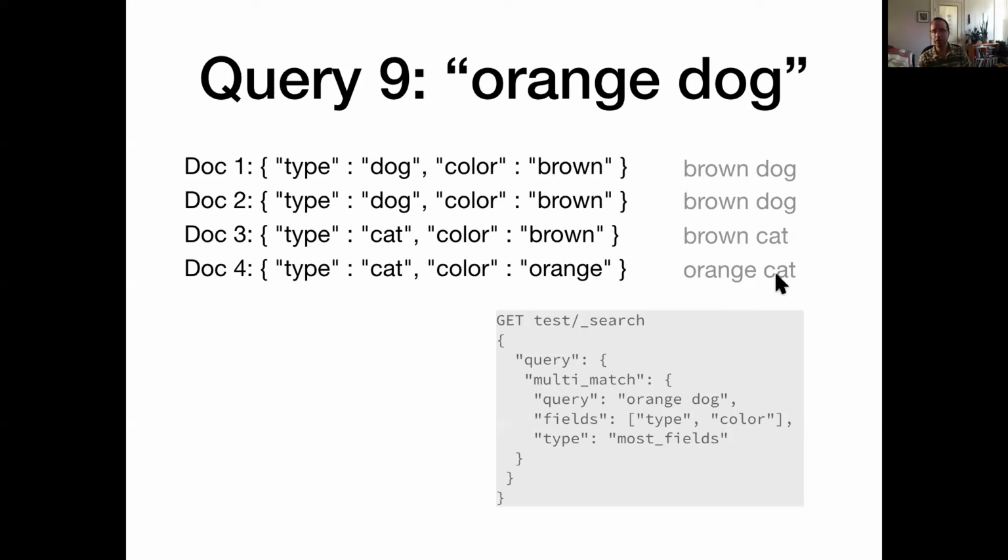So the question here is, before we answer, I'm seeing a lot of guesses for document 4, and that's great. I want to encourage everyone to think about what we would like the answer to be here, as opposed to what actually happens. You might say that if someone is searching for orange dog, they're looking for dogs. They want them to be orange.